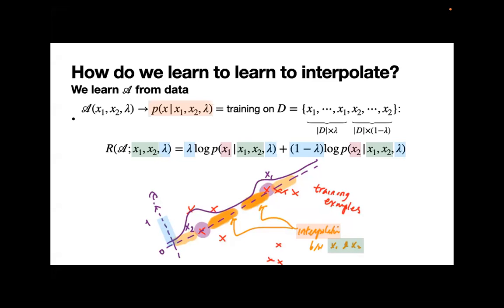What do we mean by that? We simply can write the loss function for each of the training examples. There is a pair x1 and x2 and this lambda, and the loss is the convex sum between the log probability of x1 given x1, x2 and lambda, and the log probability of x2 given x1, x2 and lambda, and the weights are given by lambda.